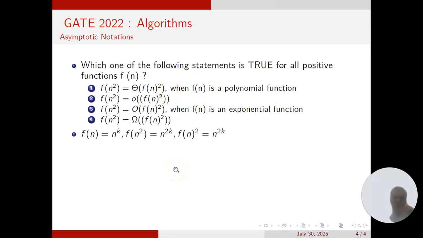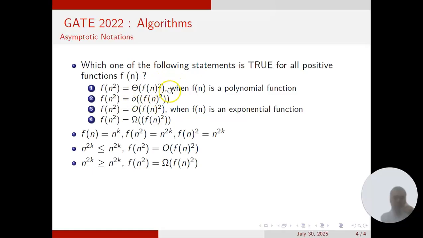So the first option holds, as GATE gives questions which might have multiple correct options. So we will check the other options also. As the first option is true, we can say that the second option is not correct, because the second option is saying that for all functions, f of n square is strictly less than, small o of f of n whole square.